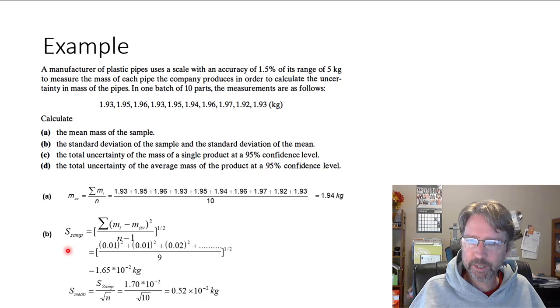For the standard deviation, we're adding up all of the deviations and using the usual equation to find 1.65 times 10 to the negative 2 kilograms. That's the sample standard deviation. And then the standard deviation of the mean is just the standard deviation of the sample divided by the square root of n. So n here is 10, so we get this number.